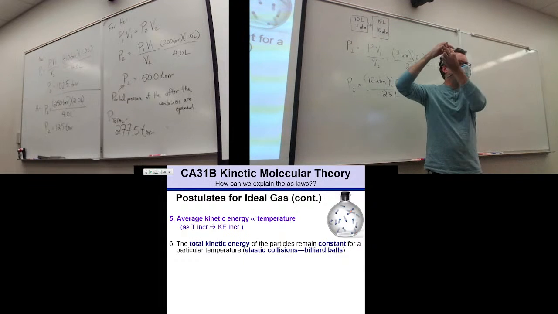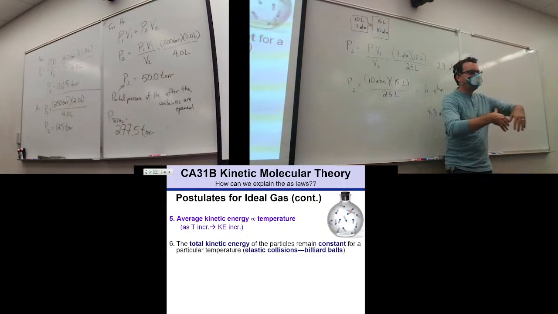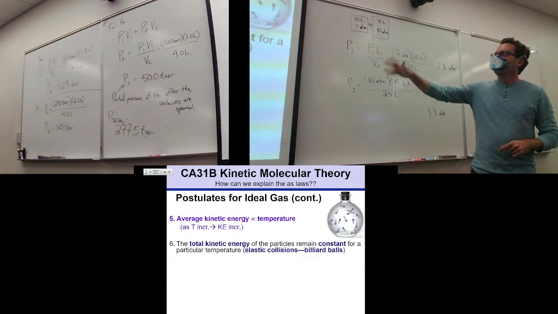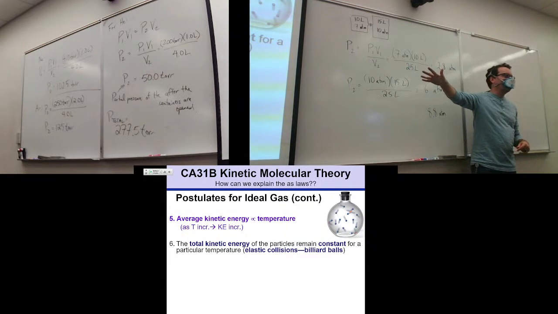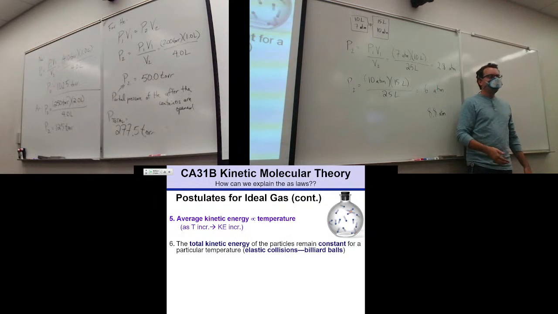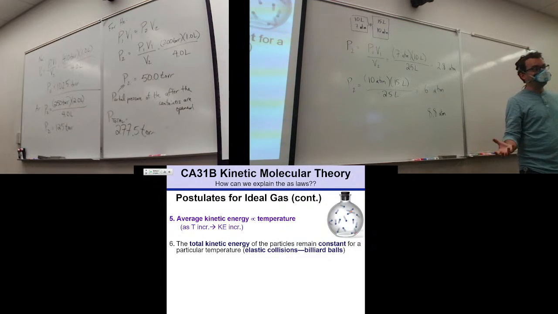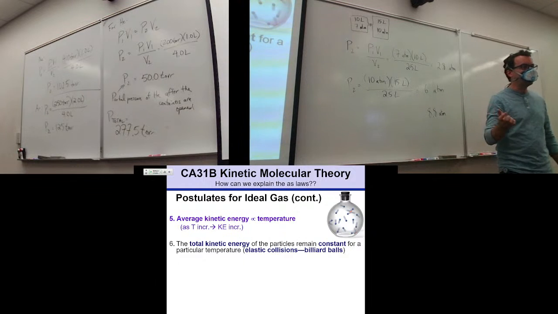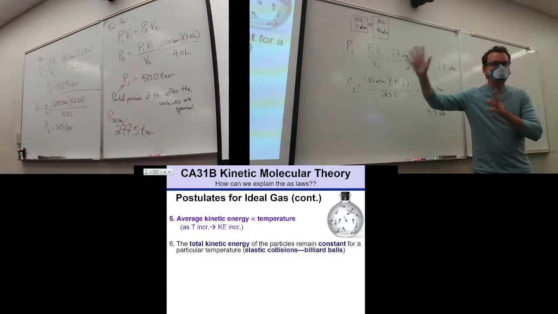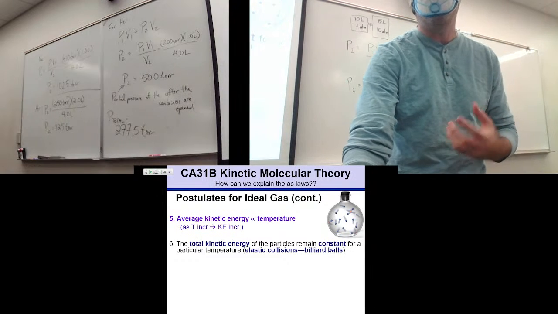If it did, it would go right back to your fingers, right back to your hands. When they're not elastic, that means some of the energy is lost to the container walls or the ground or something like that. In reality, nothing is completely elastic. You're always going to lose energy from friction and all that stuff. But for gases, it's safe to assume that the collisions with the container walls are elastic. So meaning we don't lose any energy to the container walls. Just for the purposes of this model, right? It's not really true, but this model still works to describe gases if you assume this is true.